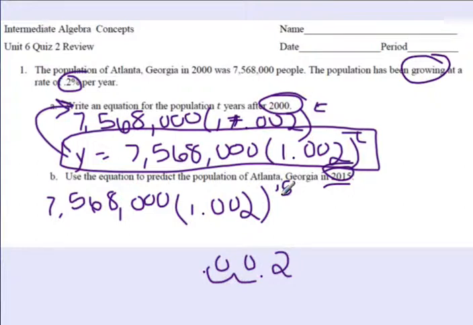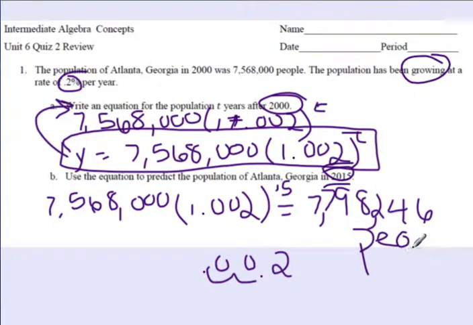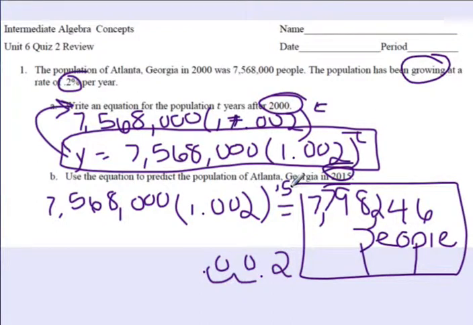And remember, when we're talking about people, you want to round to the nearest person. You don't want to have a decimal of a person. So we have 7,798,246. And it is a word problem, so don't be losing points on forgetting the label. We need to label it people.